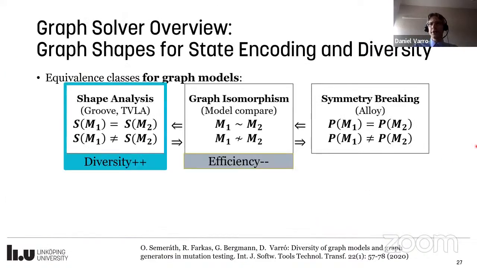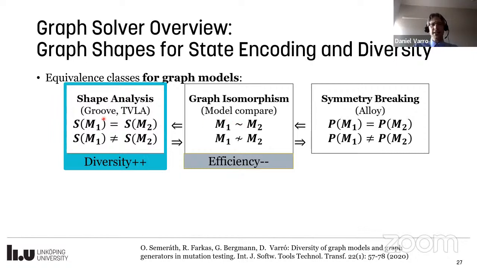Traditionally, in some solvers like Alloy, they introduce symmetry breaking predicates, which have the property that if the predicates evaluate to the same value for two models, then you know that the two models are isomorphic. We actually do the other way around. We calculate the shapes of two models, which means that if the two models are isomorphic, then we know that their shapes are identical.